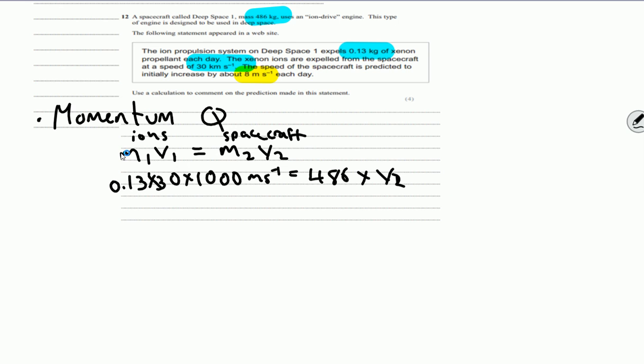It's always useful to show the rearrangement. It's like 8.02. Very nice. You're correct.